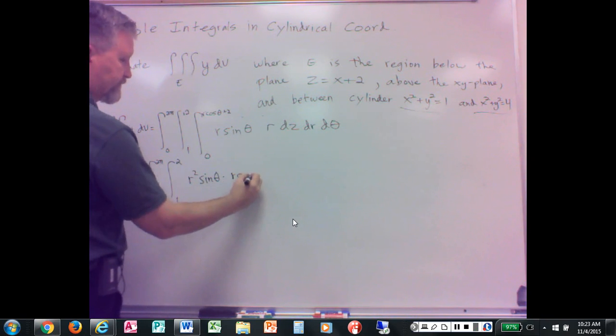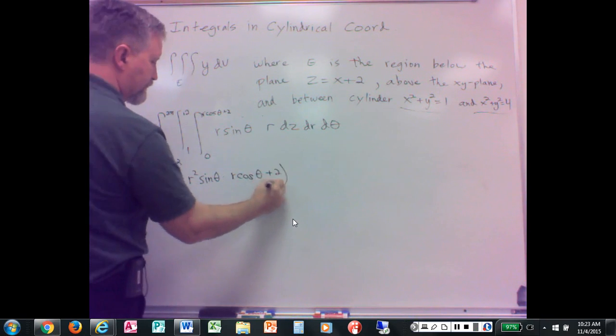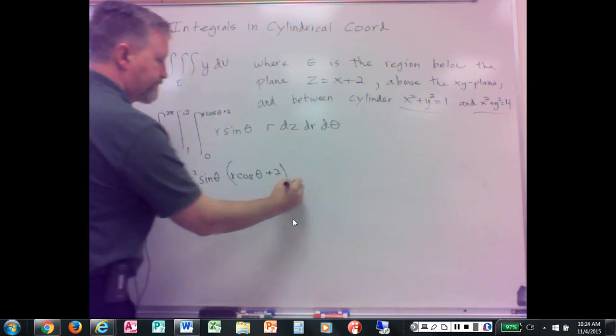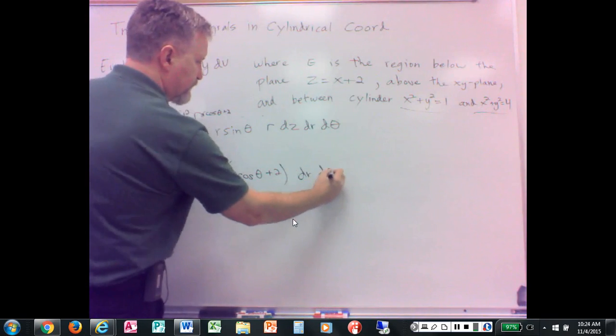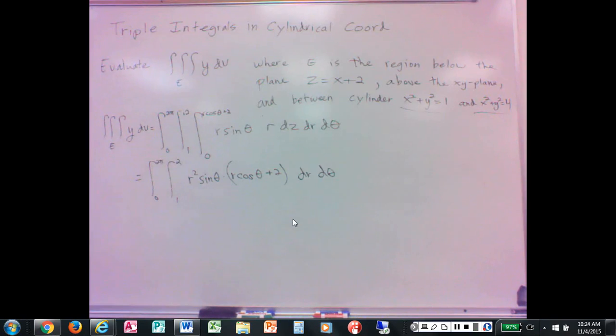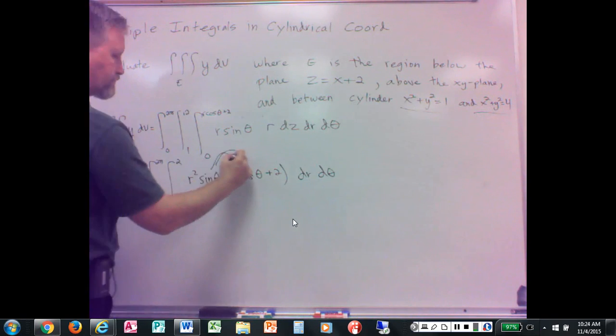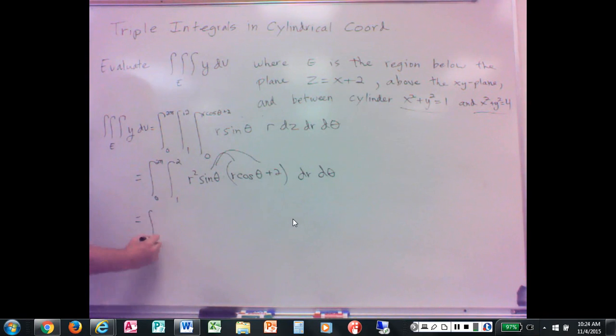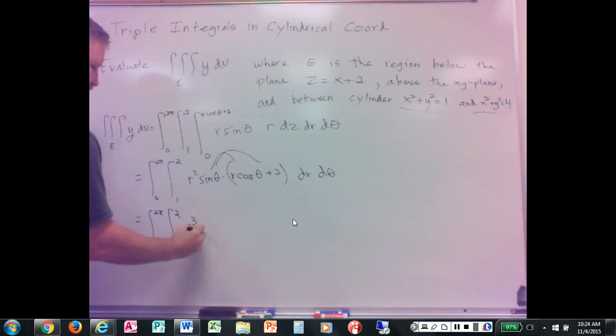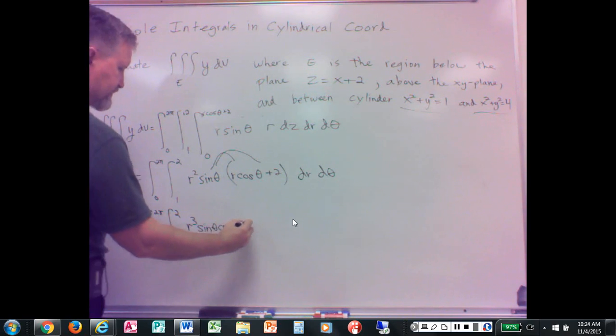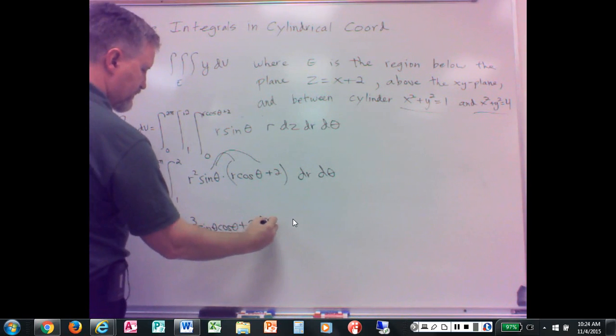That's going to be our first integral. Okay, so let's go ahead and distribute. So 0 to 2 pi. All right, so it'll be r cubed sine theta cosine theta plus 2r squared sine theta.